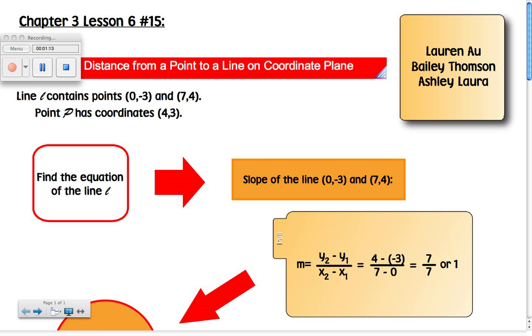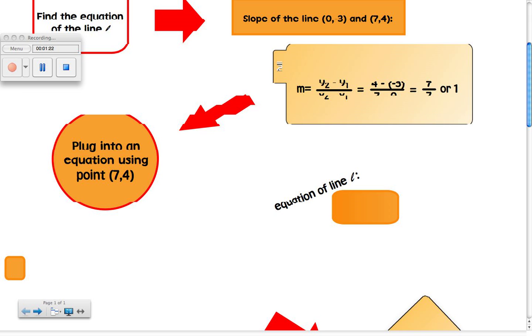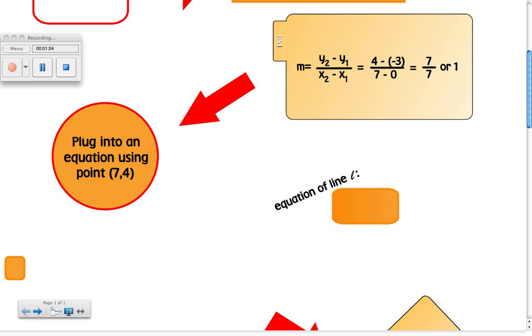We simplify, we get 7 over 7, or 1. So then we are going to plug into an equation using our point (7, 4) to find the equation of line L.